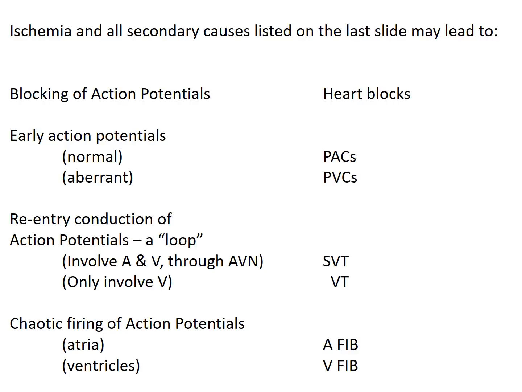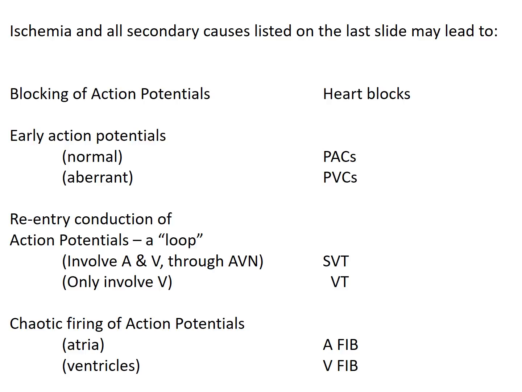find itself caught up in what's referred to as a re-entry loop, where electrical activity is just continuously generated in a loop circuit. That loop can involve the AV node, where that most commonly leads to supraventricular tachycardia, or that loop may only involve the ventricle itself and not be part of the AV node, leading to ventricular tachycardia.